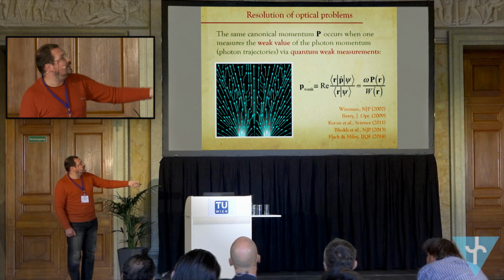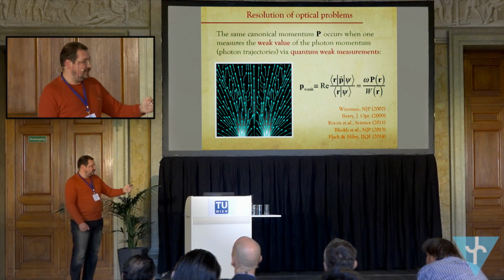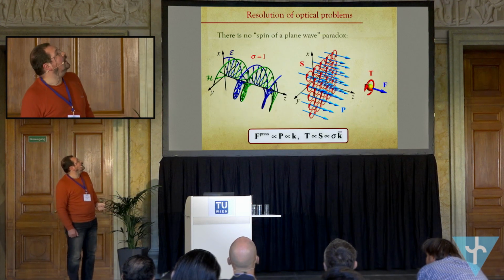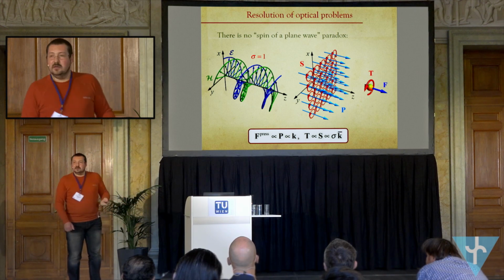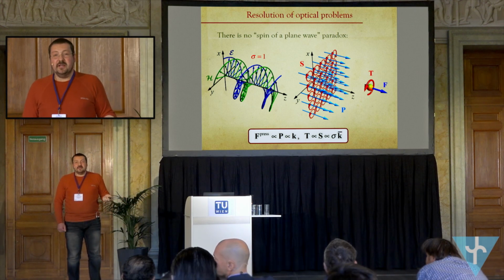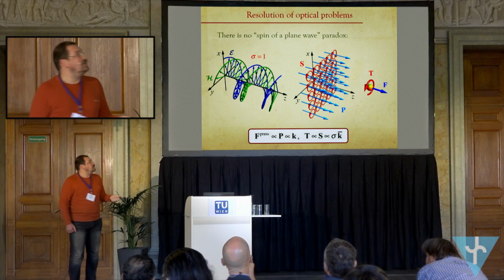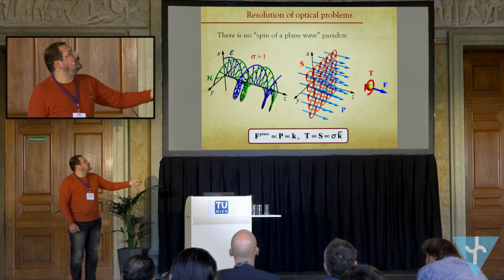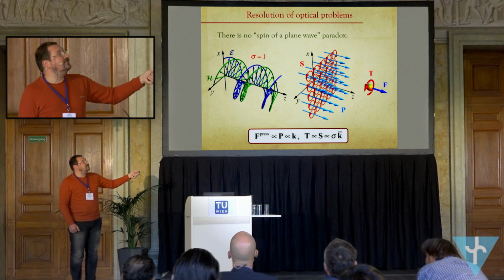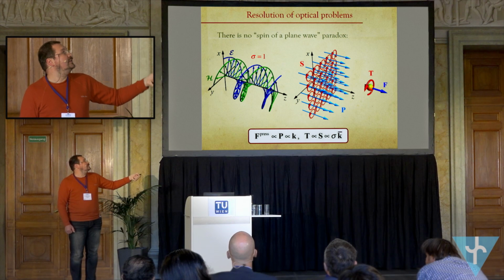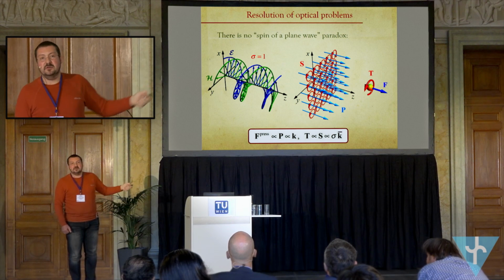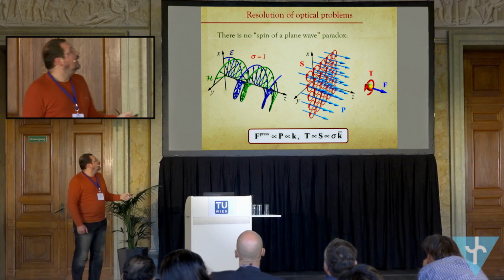So this was emphasized and discussed in several papers. And finally, the paradox of spin of a plane wave fully disappears in this picture, because even for circularly polarized plane wave, spin density is a well-defined quantity. It's non-zero, and it's consistent with optical torque and spin of photons.